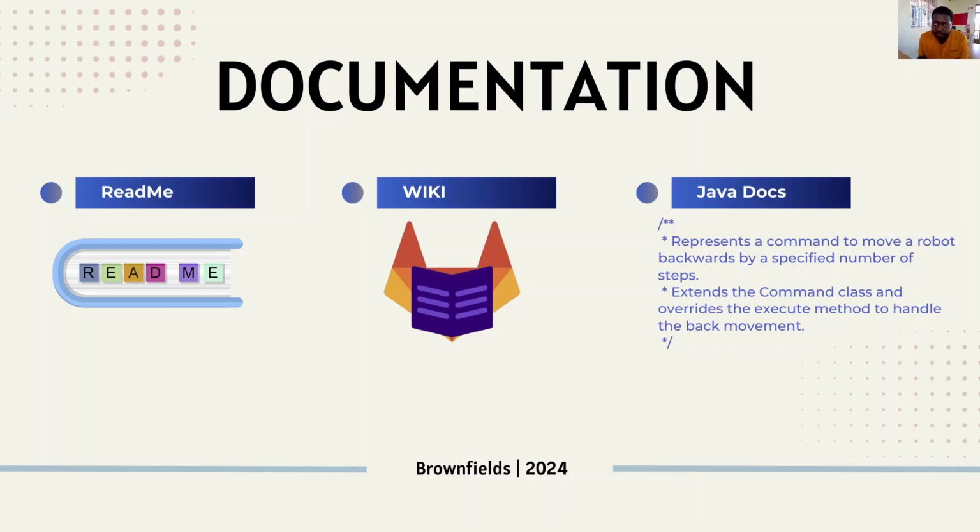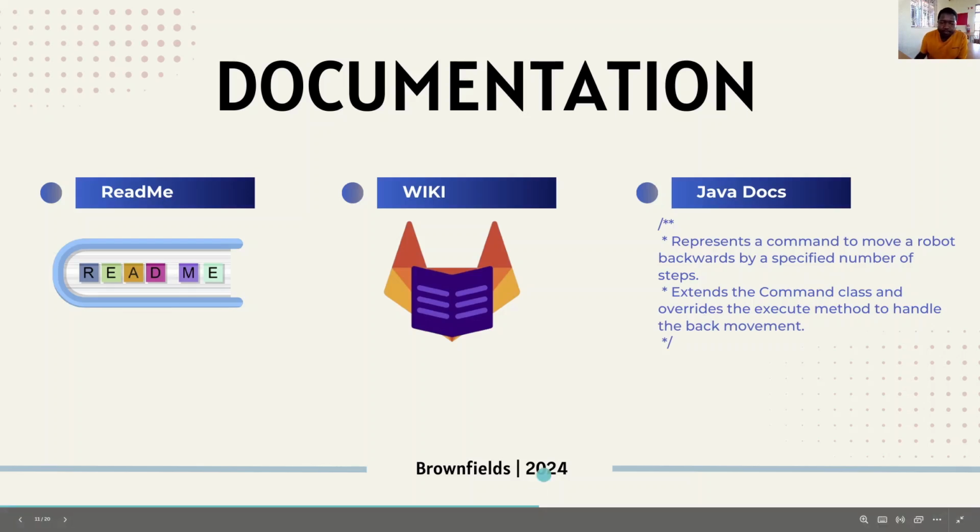The README provides a quick overview, the wiki gives detailed explanation, and the Javadocs offer technical details. We made sure these documents accurately reflect the current state of the program to avoid any confusion between what's written and how the program actually works.